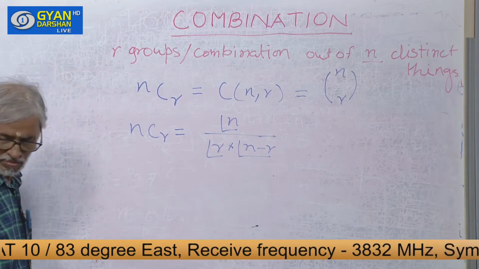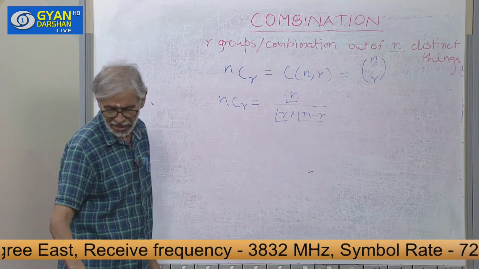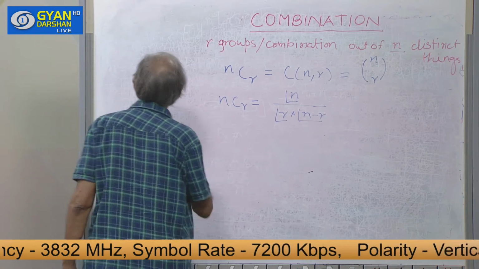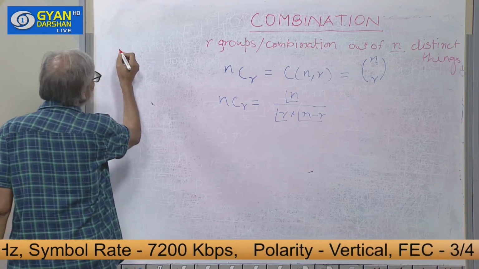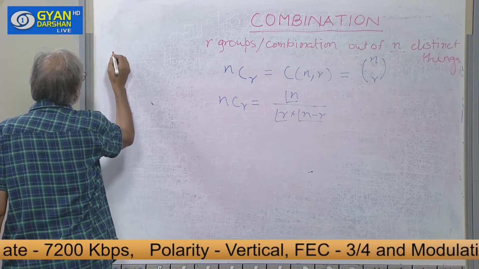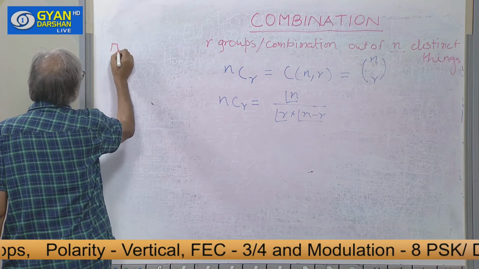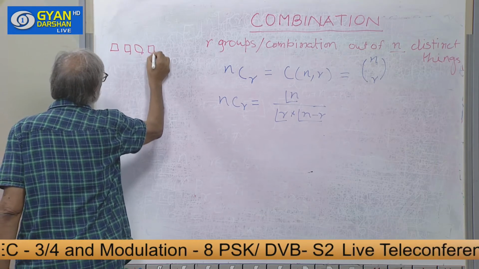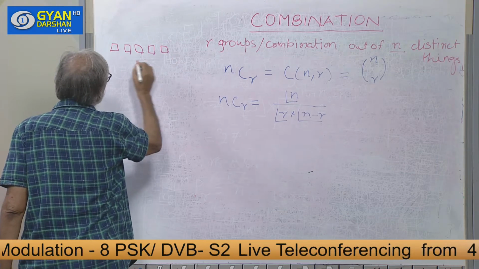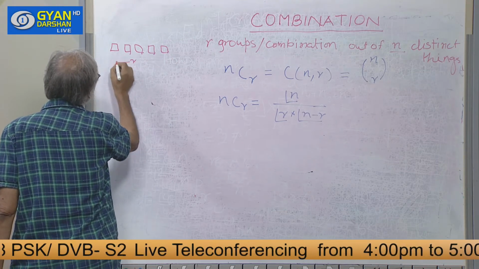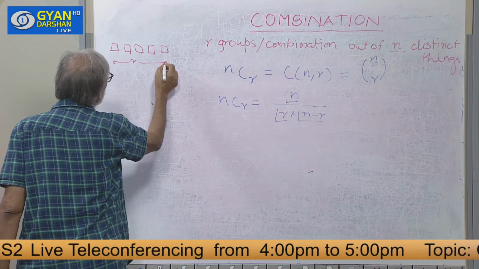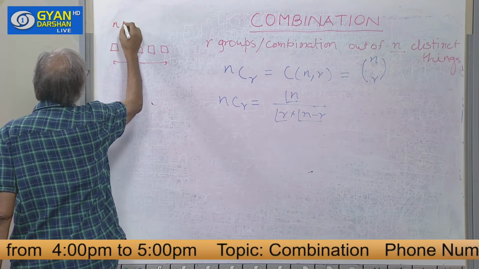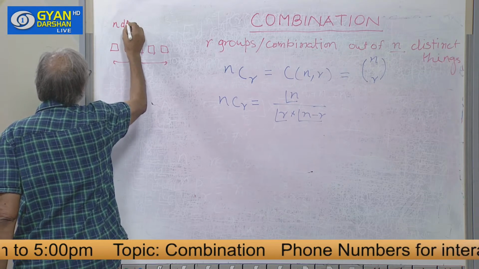Now, we have to understand that last time we studied permutation. Say there are r positions to be filled out of n distinct things here.